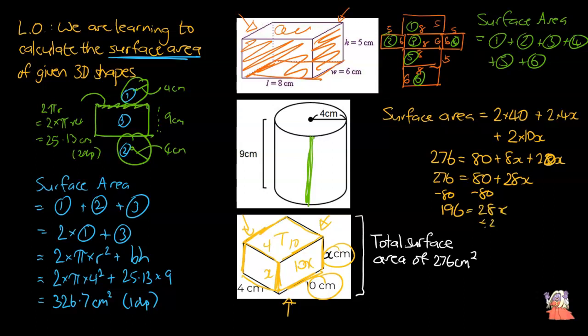And we're going to divide by 28, divide by 28. 196, I'm using my calculator for this, 196 divided by 28 gives me 7. Really important, don't forget your units, 7 centimeters. And because this relates to the length of the height, we don't need squared because it's not an area related number, it's a length related number.